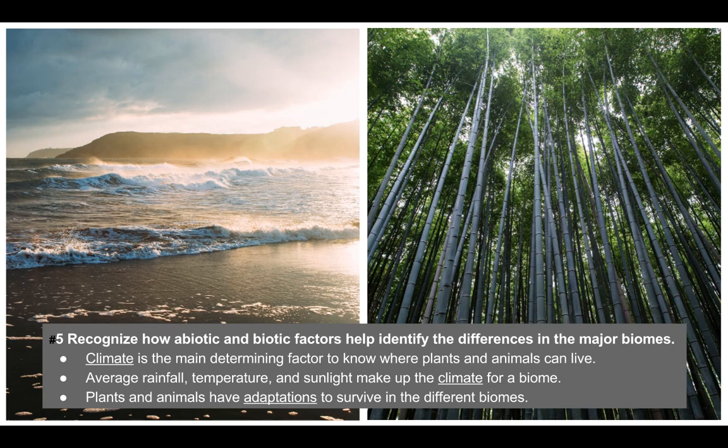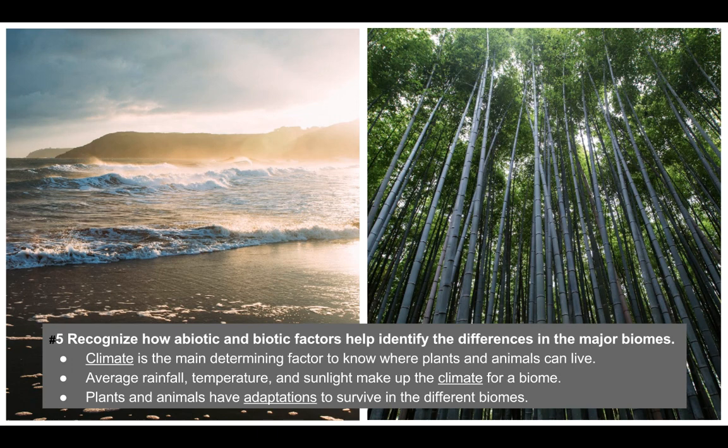So I can look at our biome, which we'll talk about in a minute, and I can see that there are certain plants and animals in the biome that we're in. Our biome has some trees that lose their leaves during the winter. That's why we have fall. It's not why we have fall, but it shows that we have fall. So those trees have adapted to our climate over time.